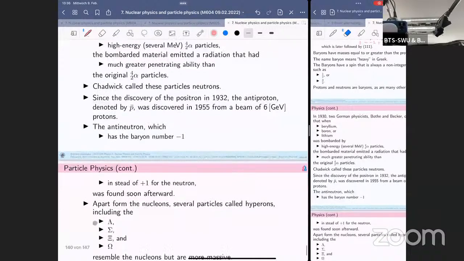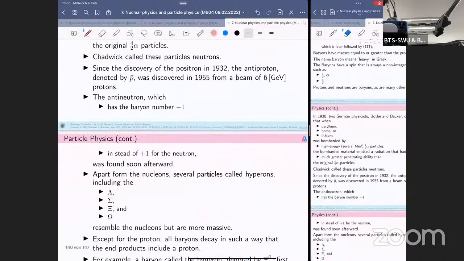Apart from the nucleons, there are also several baryons, and those are called hyperons. Hyperons are the bigger versions of proton and neutron, denoted by lambda, but they are all unstable.